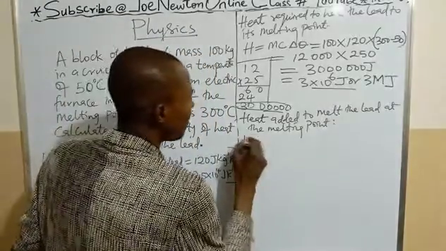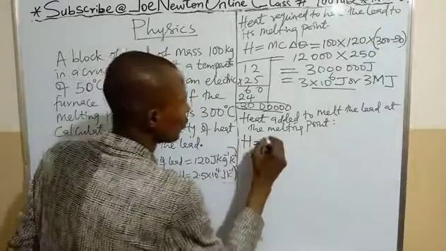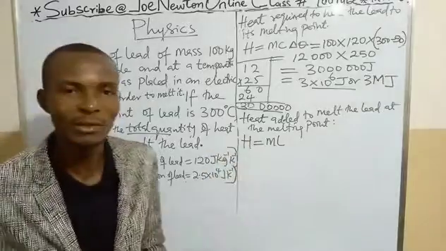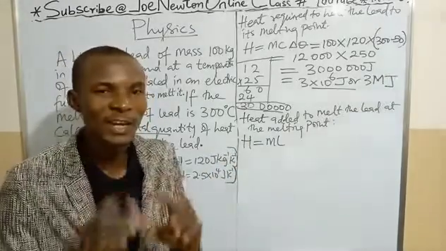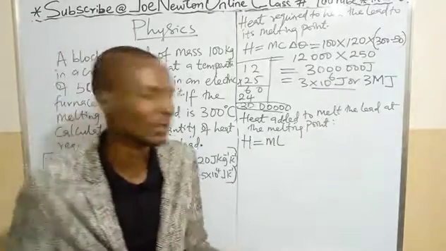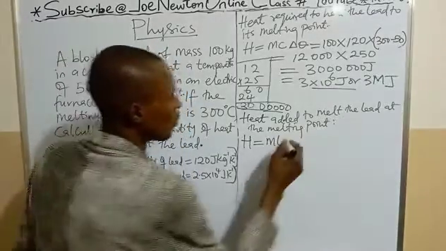Okay, that is given by H, the quantity of heat, equals ml. This is the formula, where m is the mass of the lead still, L is the specific latent heat of fusion. Remember, fusion means changing from solid to liquid state. That is this L. Then we substitute.